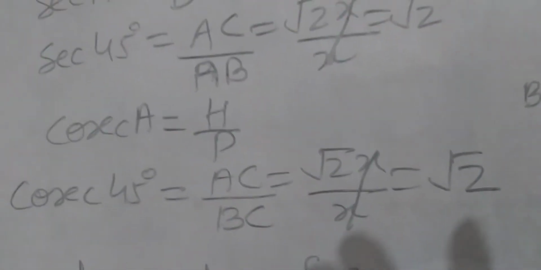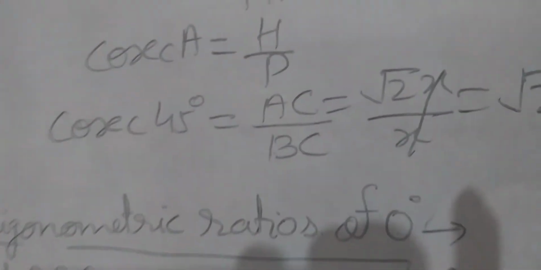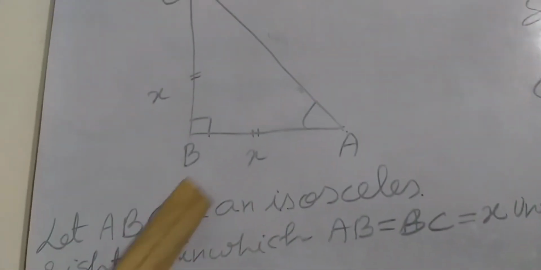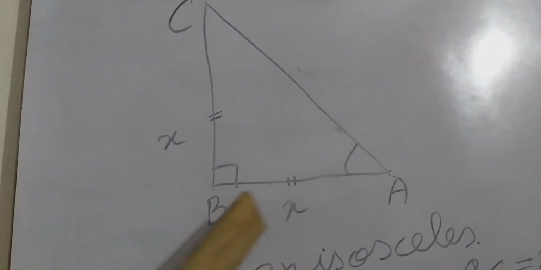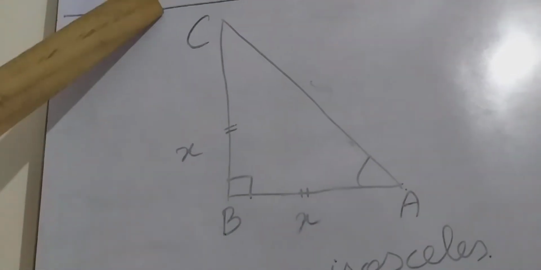So this is the method of finding the values for 45 degree. Remember students, to get the trigonometric values of 45 degree, we have to draw an isosceles triangle ABC in which AB equals BC.